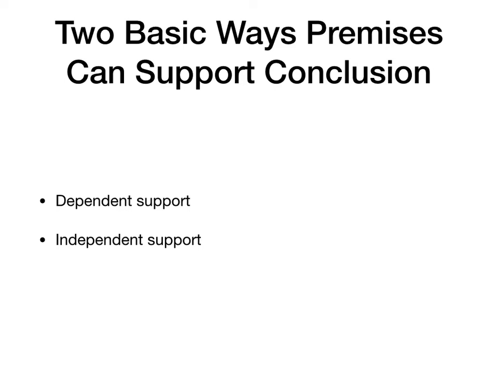Strictly speaking, deductive arguments work with dependent support. It can be a little more complicated, as Lavin mentions, but this is generally the case. Deductive arguments are going to have dependent support. Inductive can have either. If this doesn't make sense to you guys, don't worry. We might see this pop up going forward, and Lavin mentions it.